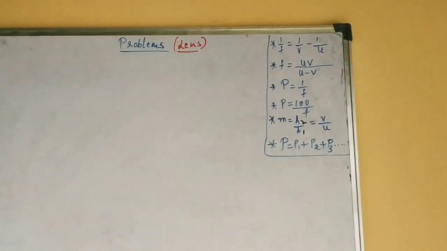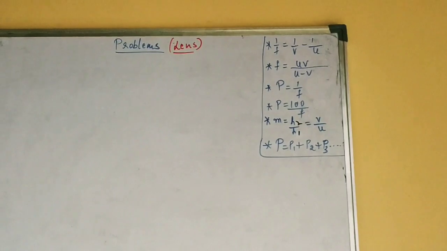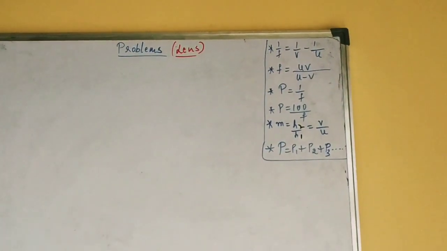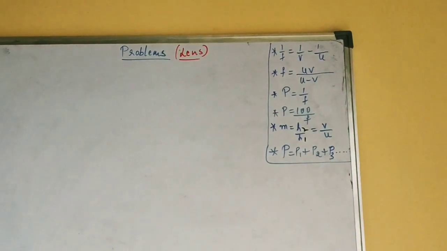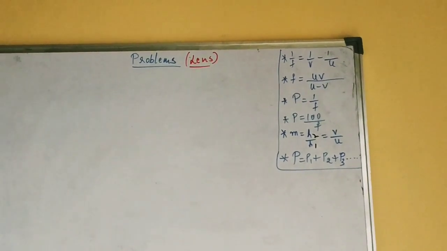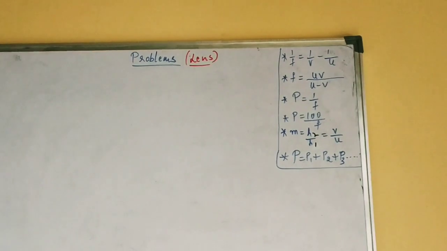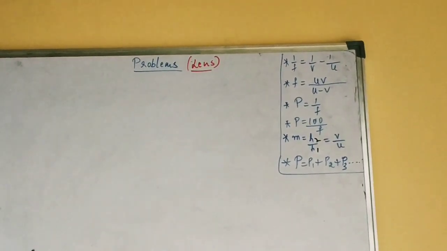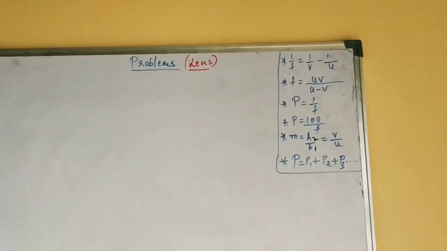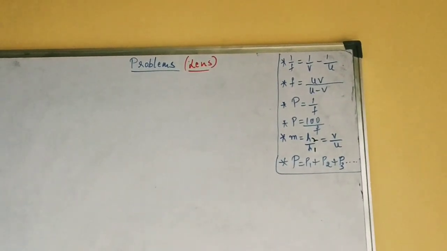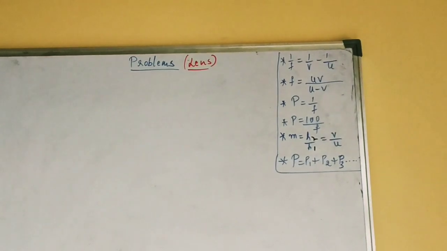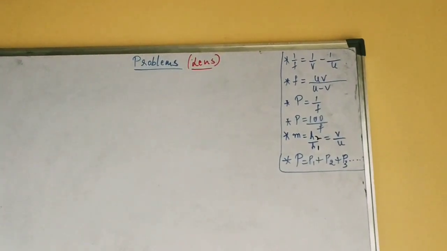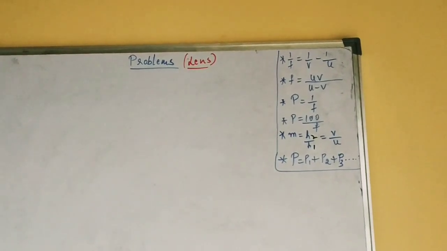Then the power of a combination of lenses: that means you have two or more lenses in close contact with each other. Then the total power of the combination is equal to the algebraic sum of the individual powers of the lenses, that is P is equal to P1 plus P2 plus P3 plus so on to Pn. So you have to remember all these formulas.